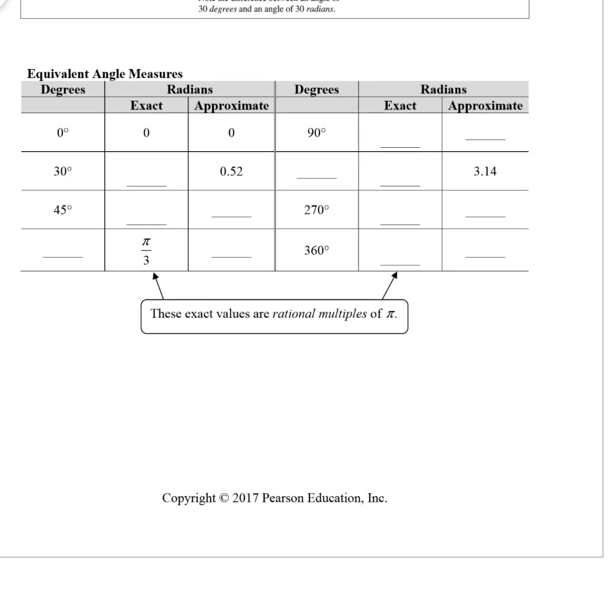Now, when we're writing degrees, you're going to put the degree sign, but when we're writing radians, there are no units. So let's practice going from degrees to radians, and then radians to degrees.